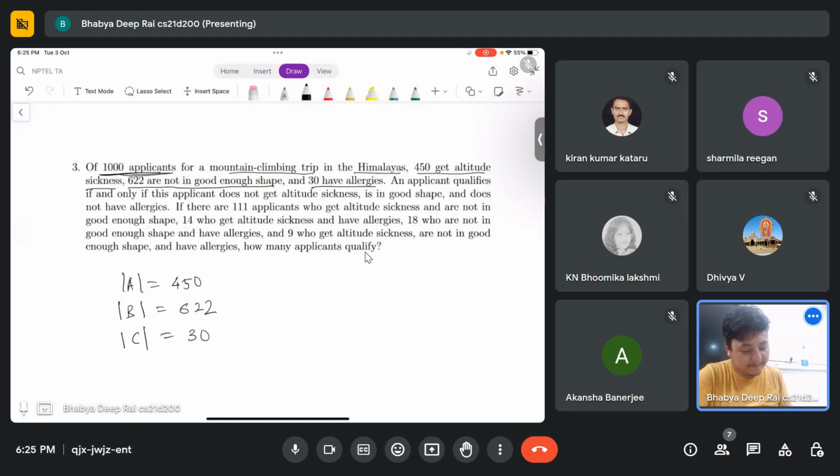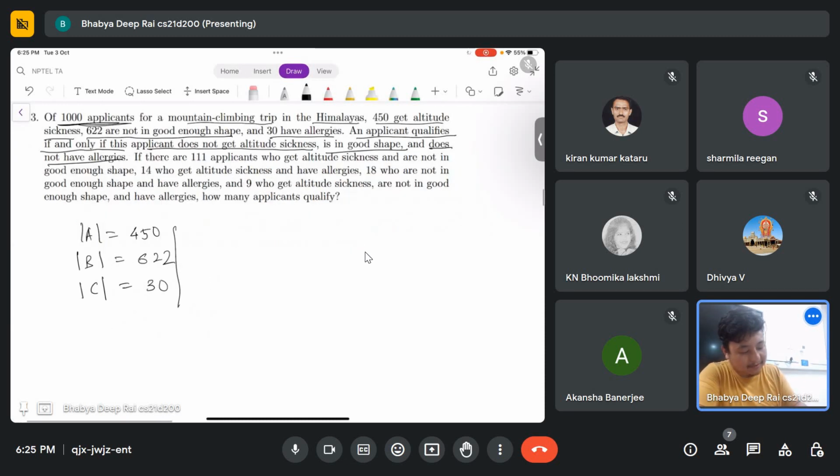30 have allergies. An applicant qualifies if and only if this applicant does not get altitude sickness, is in good shape, and does not have allergies. What does it mean? It means it's not in A, not in B, not in C. Because if it was in one of them, then either they would be altitude sick, or not in good shape, or they would have allergies.